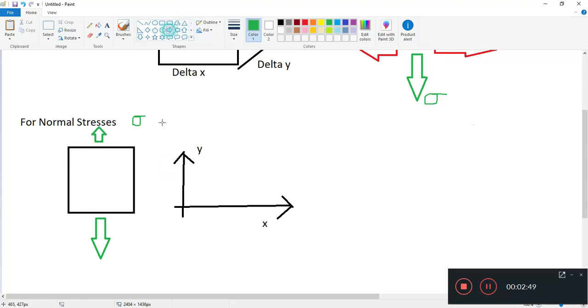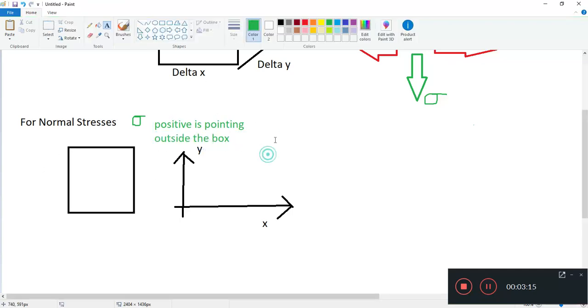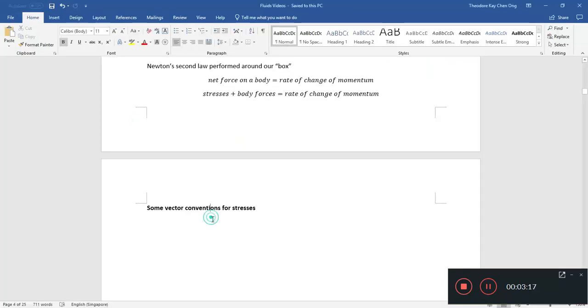So for any direction, we define stresses pointing outside of the box as positive. Let's write that down first.